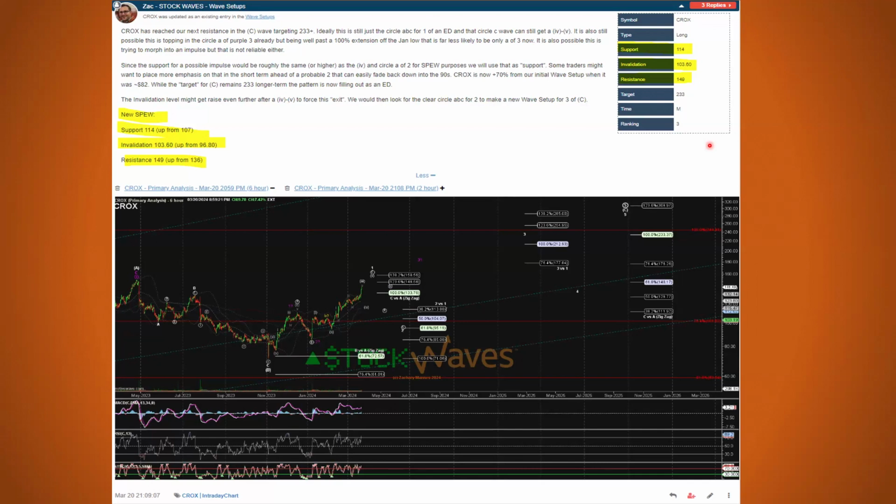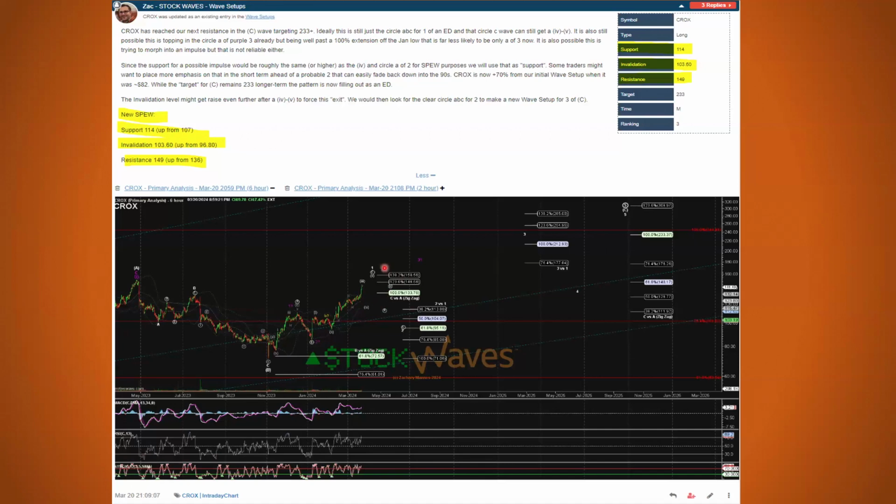So here, Crocs has been updated many times since that initial November wave setup, but this is an example of one of those updates from March that shows how the support, invalidation, and resistance levels have been adjusted higher from the initial levels because it hit that first resistance level.